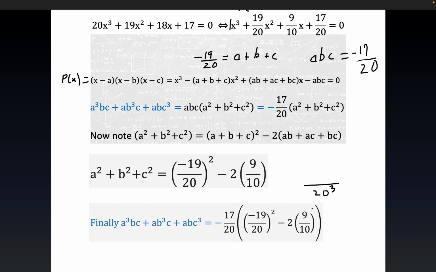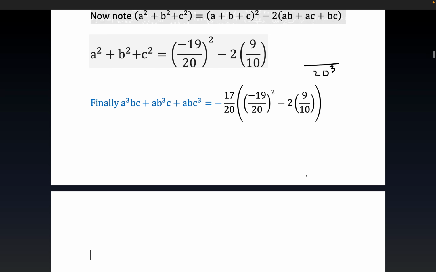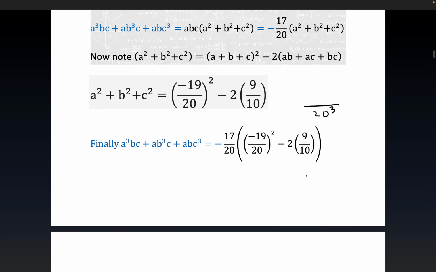And after you do all the arithmetic, you get 6103. I'm not going to bother with the arithmetic. It's something we all can do if we need to. But in the name of brevity, I'll just write down this. It's 6103, and 20 cubed is what, 8,000?